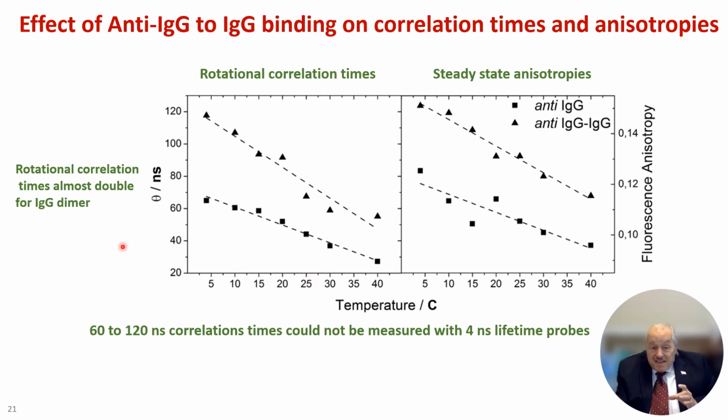And you can see that these are for anti-IgG that was labeled. And these are for the complexes of IgG. And the rotational correlation times are essentially double. And you might remember from one of the previous lectures, I said the correlation times were always proportional to the molecular weight. So these are correlation times which could have never been measured with the 4 nanosecond fluorophores that we're used to using.